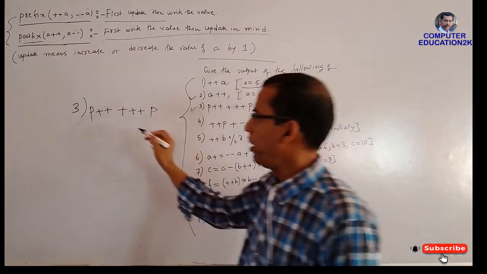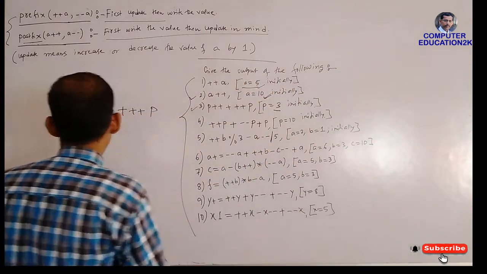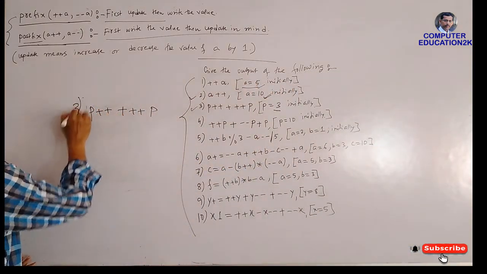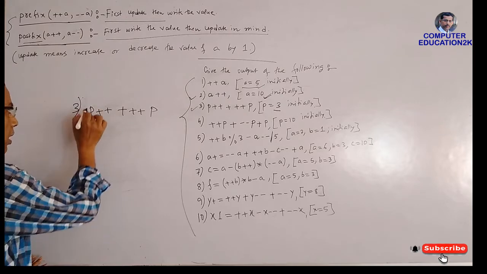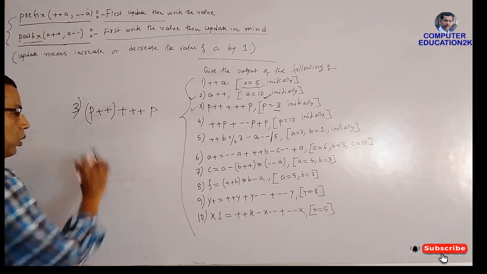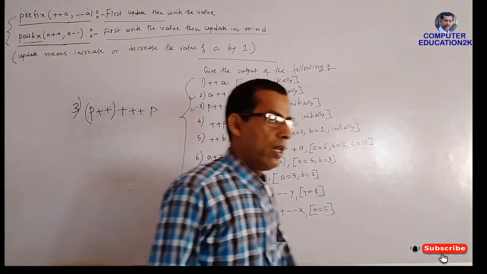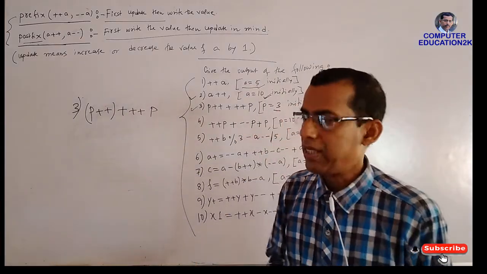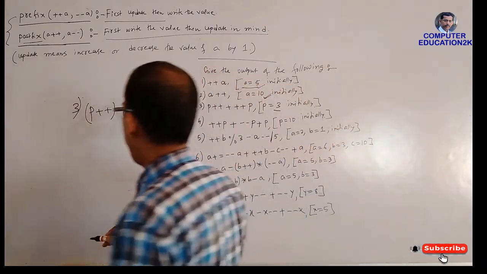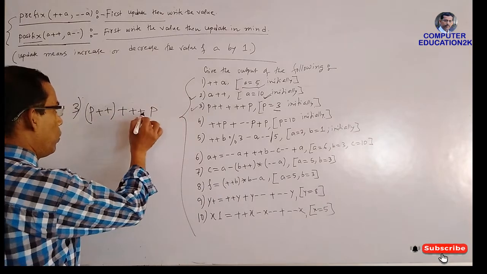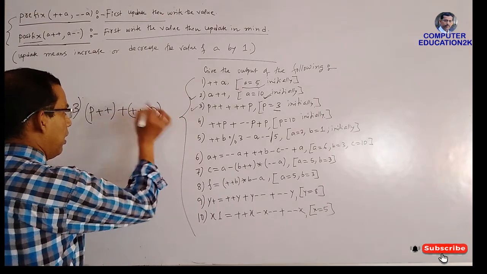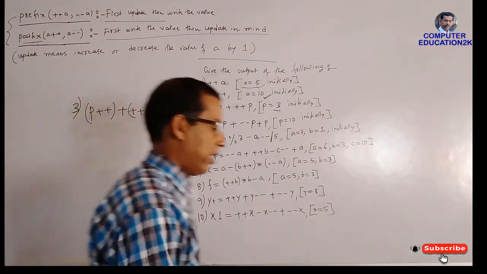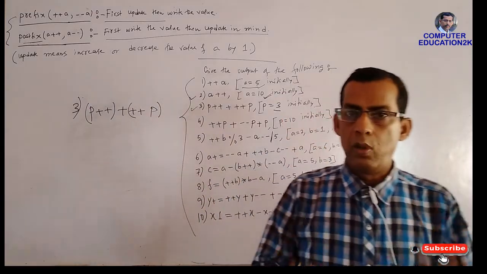You can see so many plus signs and you may be confused. So what you can do is put the two plus signs and a variable name in brackets. Again, put the two plus signs and the variable in brackets. Then it will be clear.